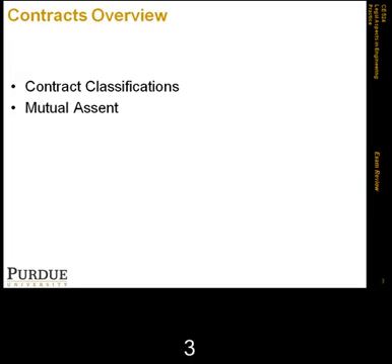This rule only applies if the offer has not required that the communication be actually received. So sometimes offerors can make a statement in their offer saying that the acceptance has to be received by a certain date, and therefore in that case the mailbox rule may not be valid anymore.